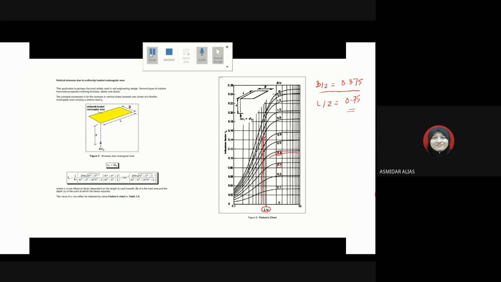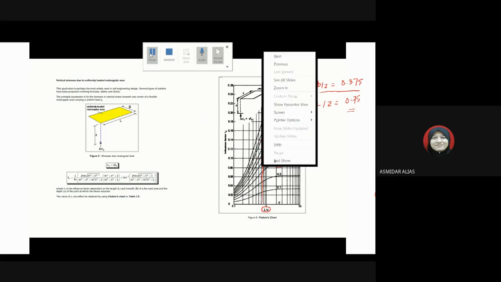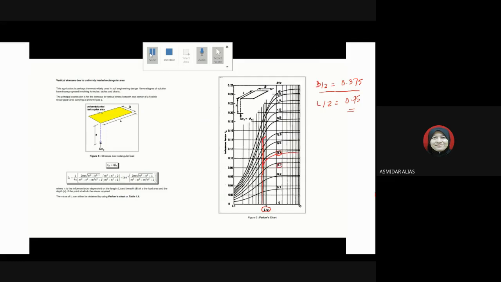So kita follow curve tu and then kat mana dia bertemu tu and then kita akan tarik ke part CY. Kemudian kita akan baca lah. Okay, baca that one you punya IR is equal to 0.09. Lebih kurang lah 9 kot. Okay.